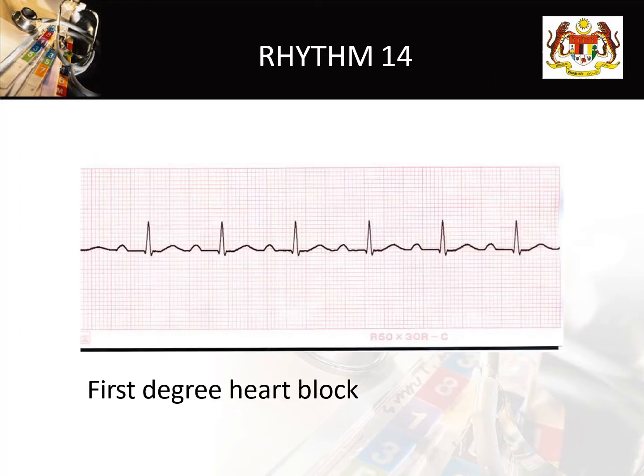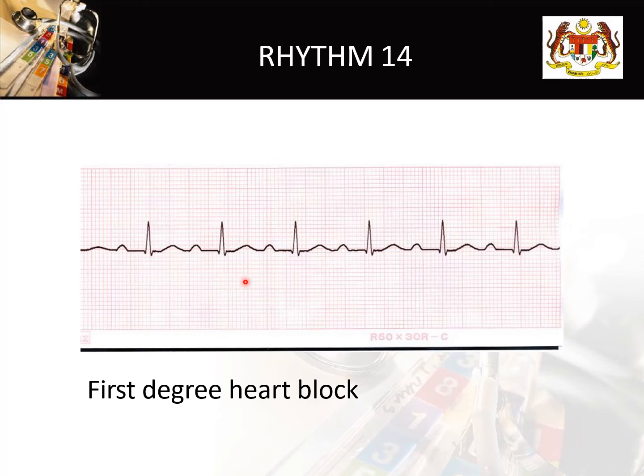Okay, the next ECG is first degree heart block. The important characteristic of first degree heart block is that the PR interval is prolonged, more than 5 small boxes or more than 0.2 second, and of course the rate is less than 60.